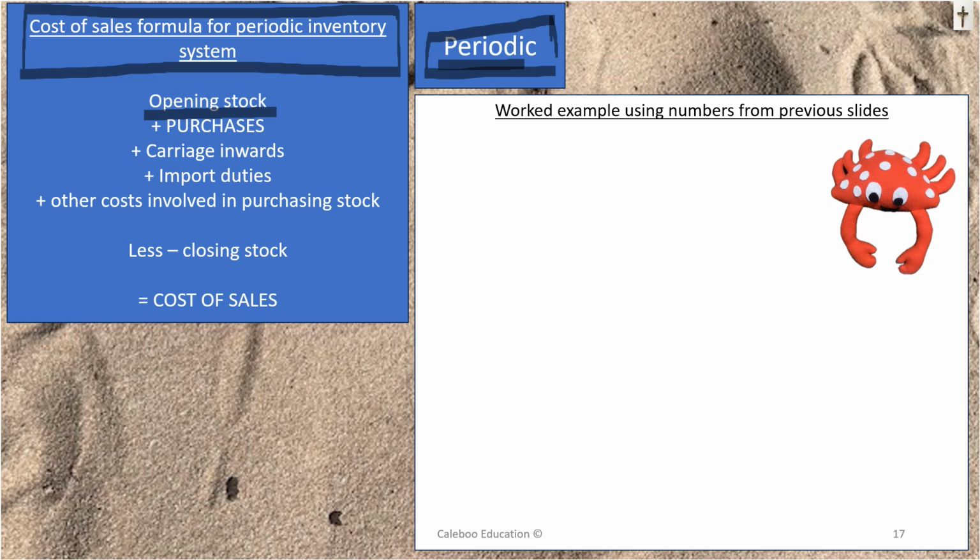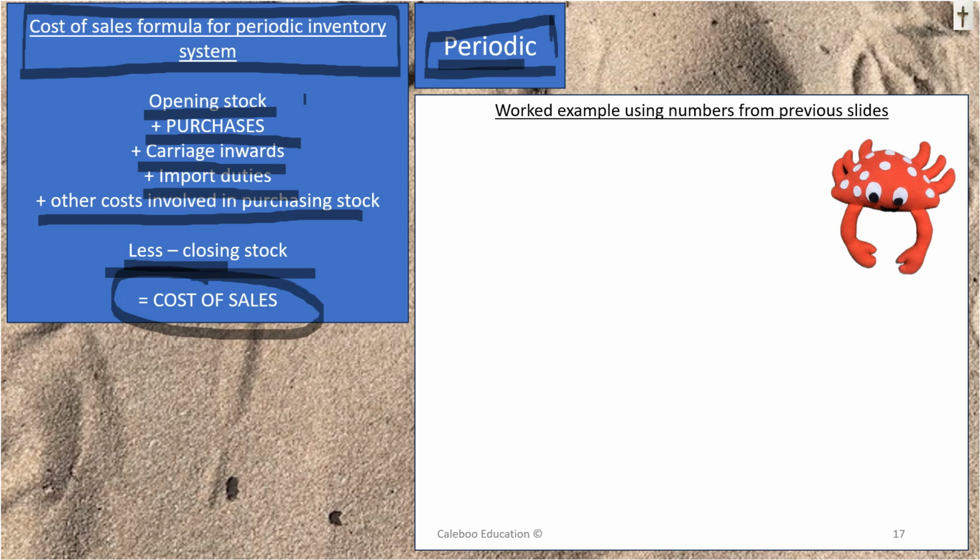We're going to say the value of opening stock plus the purchases made during the year, the period, plus all those extra expenses like carriage inwards, import duties, and I've just written here other costs involved in purchasing the stock. Then a stock take is done, everything is counted on the shelves, and it is subtracted from the above, and that will give you cost of sales.